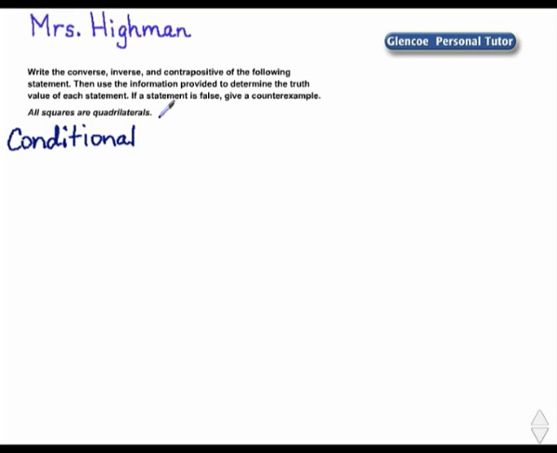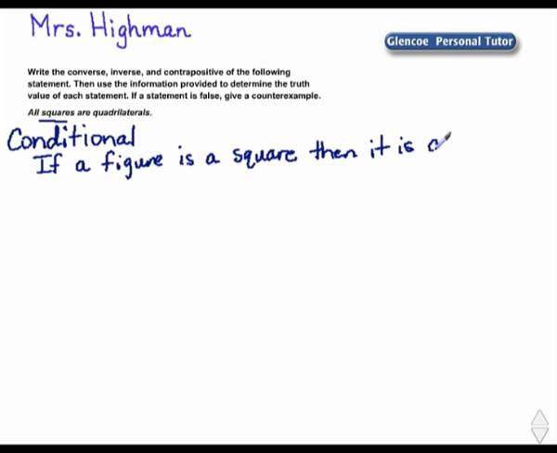So we'll take the statement, all squares are quadrilaterals, and we'll rewrite it. If a figure is a square, so that's the first part, then it is a quadrilateral.